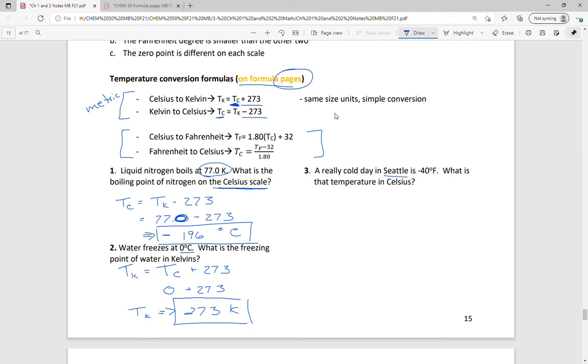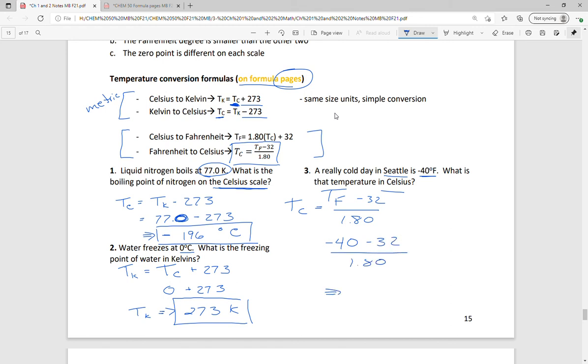One last one, and again, just modeling using these formulas, not really doing any algebra here. This one says that we know our temperature in Fahrenheit, negative 40. What is the temperature in Celsius? This would be the formula I would use. My temperature in Celsius would equal my temperature in Fahrenheit, minus 32, all over 1.80. So I would sub in my negative 40 and divide it.